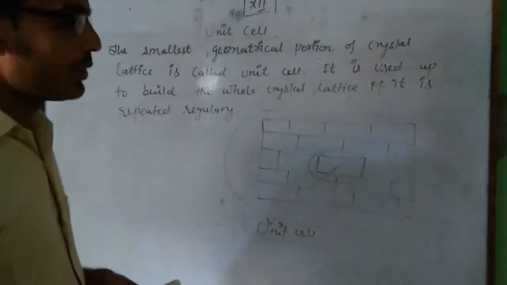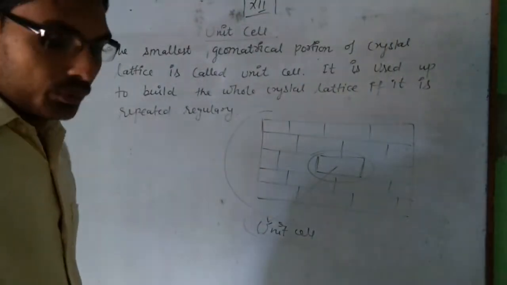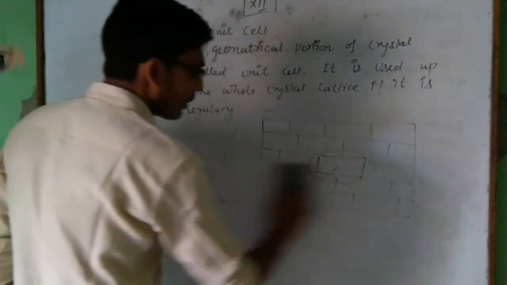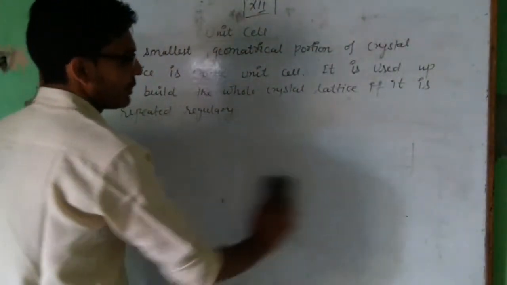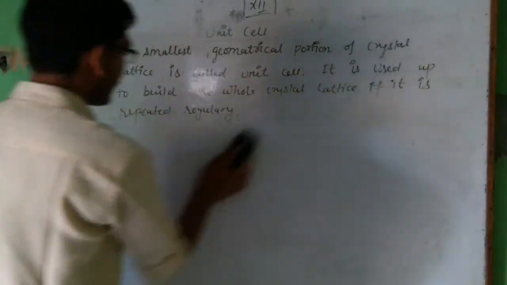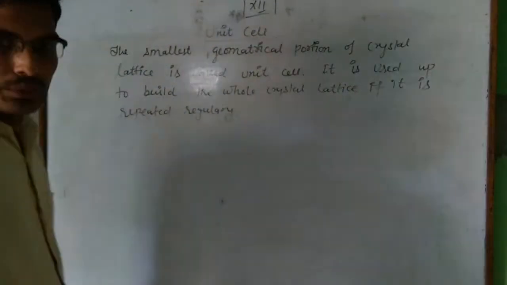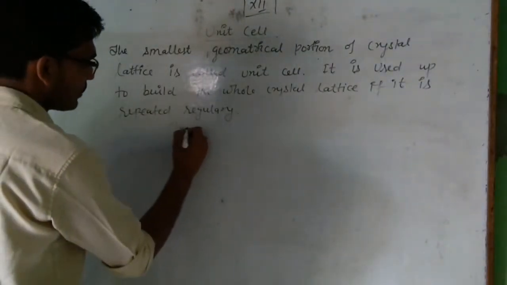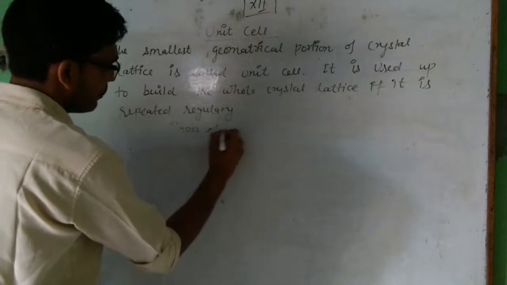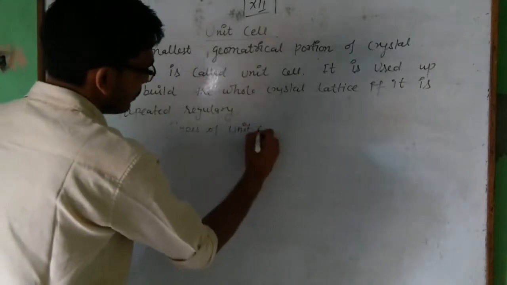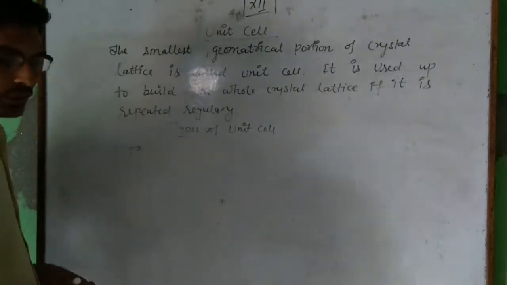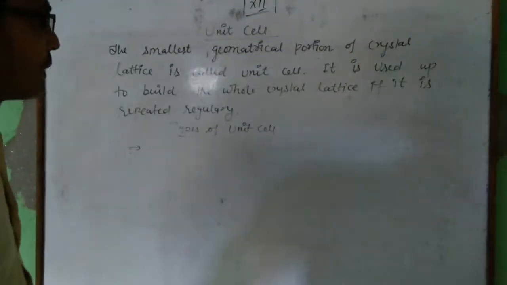This is unit cell. Now, types of unit cells. How many types of unit cells are present? You will study the types of unit cells. There are 4 types of unit cells. So there are four types.